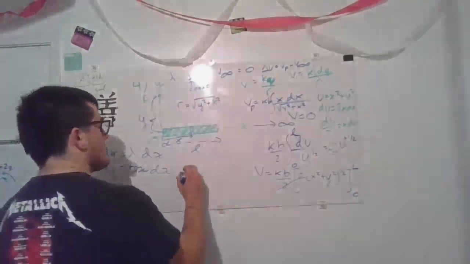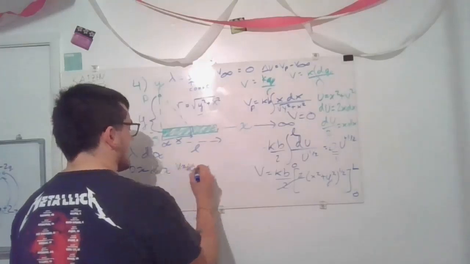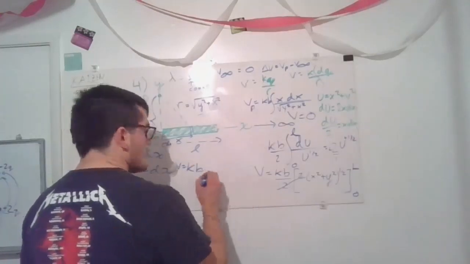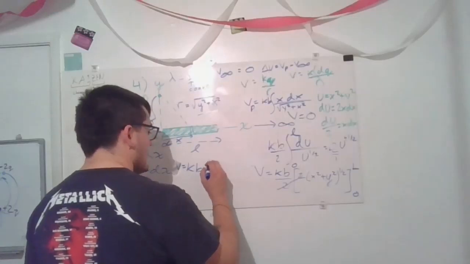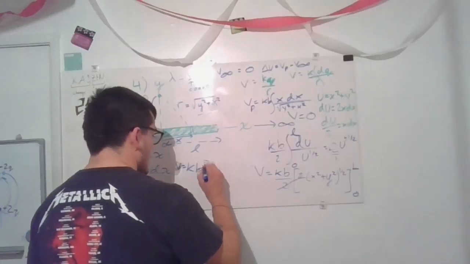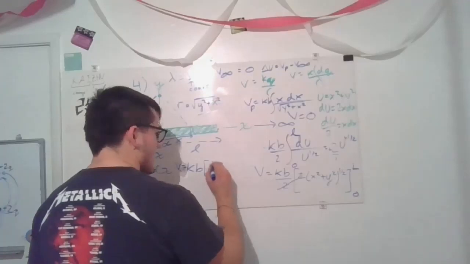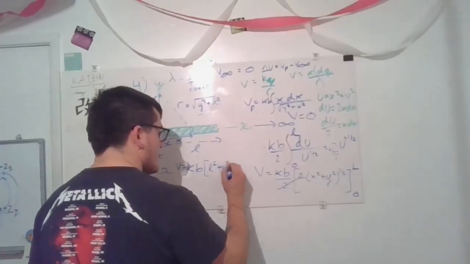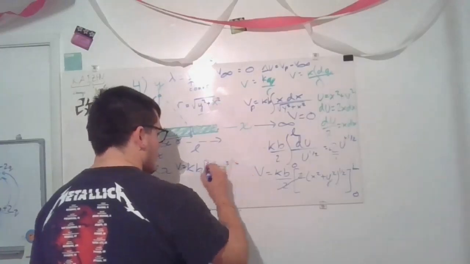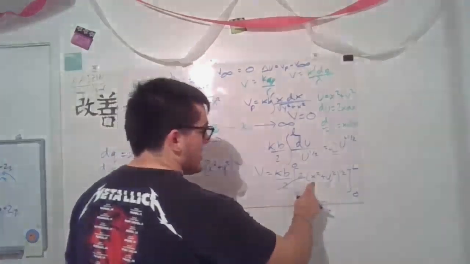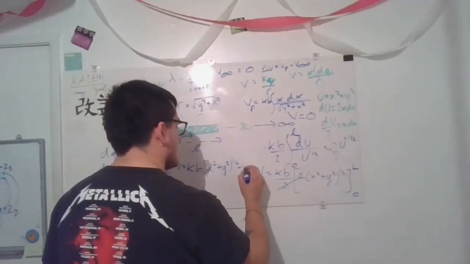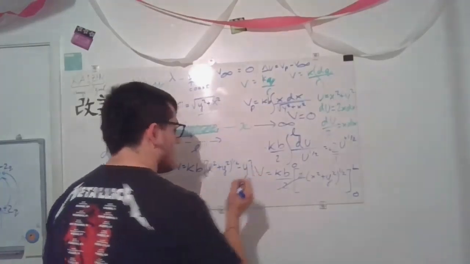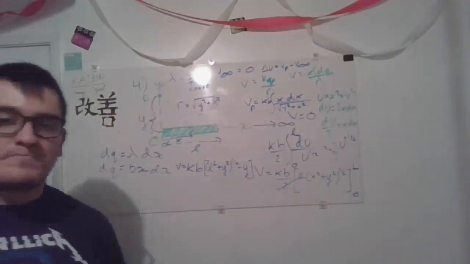L squared plus y squared to the 1/2. And then this 0 will make y squared be halved. Then minus y. Everybody get that?